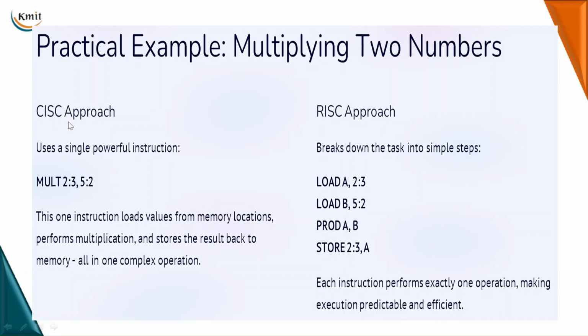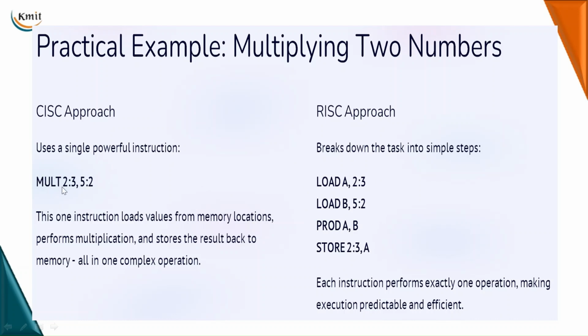Now coming to the CISC approach, which is a complex instruction set computer, it uses complex but powerful instructions which perform multiple tasks using a single command. So the same example, in case of a CISC approach, can be done by using one complex instruction called MULT.